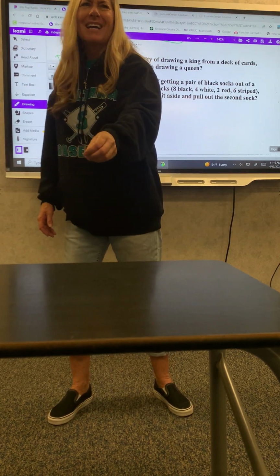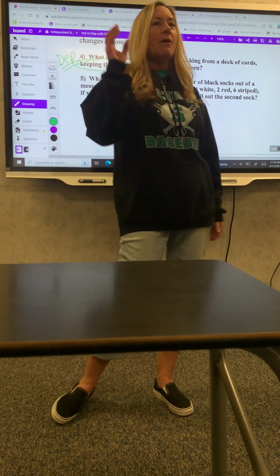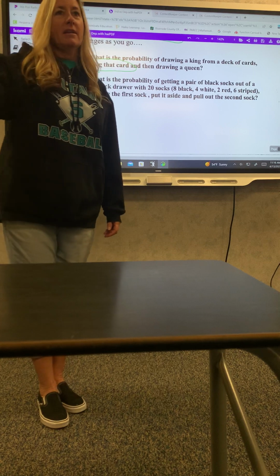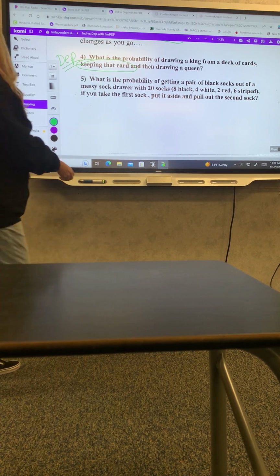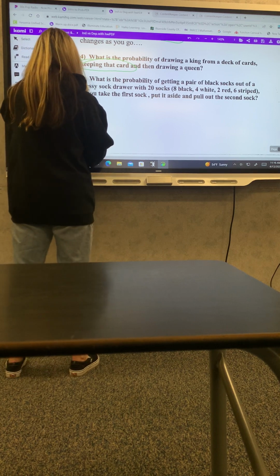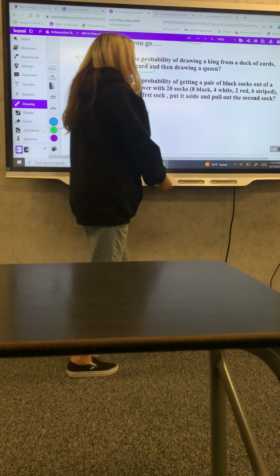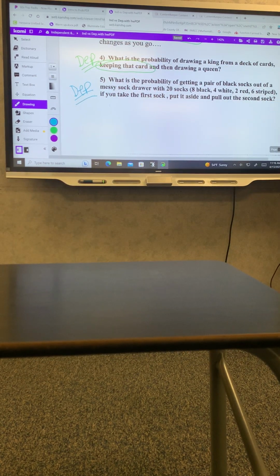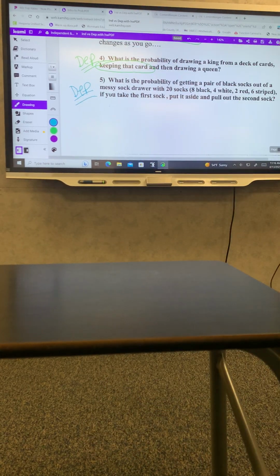We're gonna set it down, because you wouldn't get it and then put it back, right? You're gonna wear it. So you get it and you set it out, and then you reach in and you get another one. So is this independent or dependent? It's dependent. Everybody agree? Because it changed.